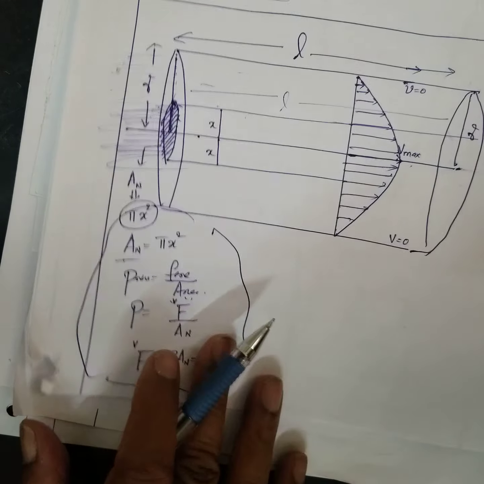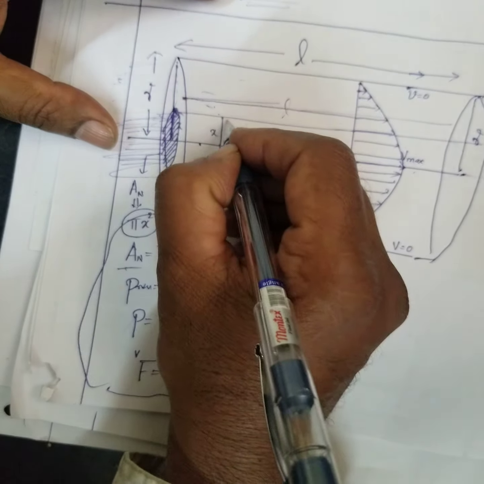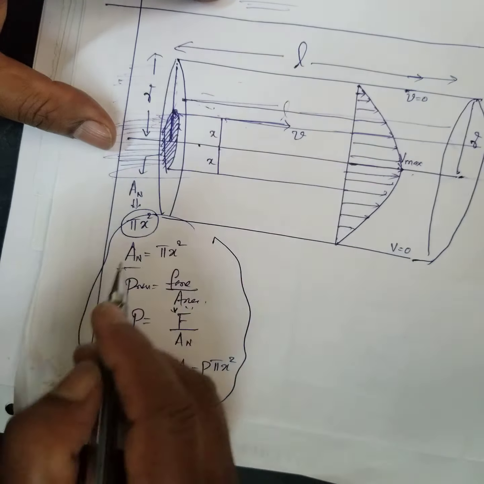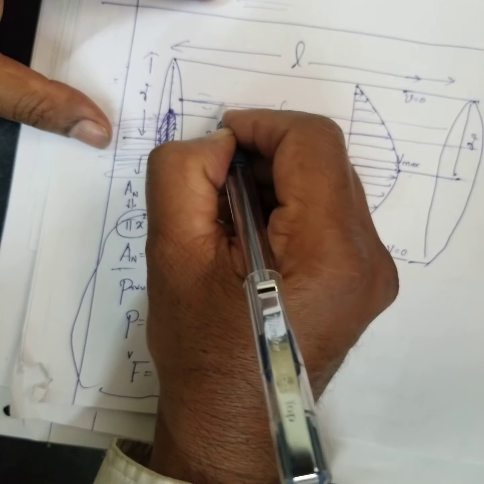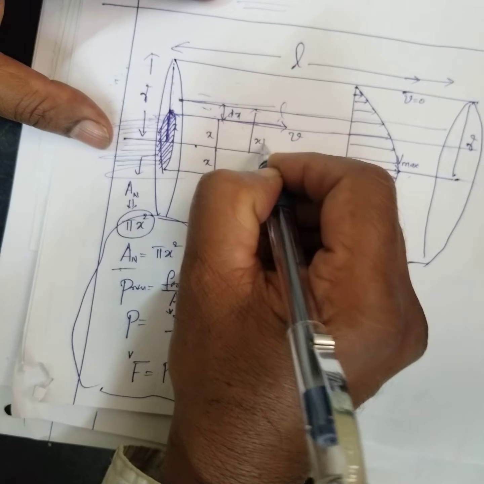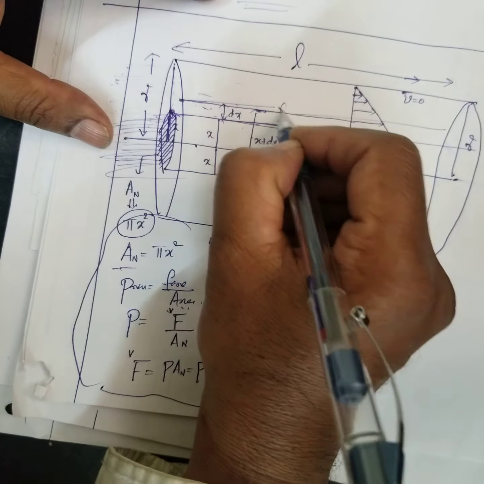Now consider another layer which is very close to this. Here the velocity is v, the velocity at any layer. And consider another layer which is at a distance of dx from this. The total distance is x plus dx, whose velocity is less than this, that is v minus dv.